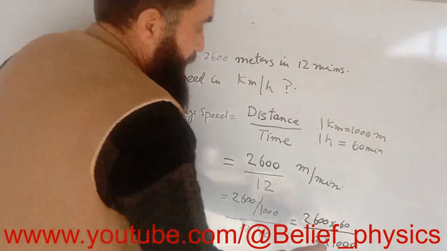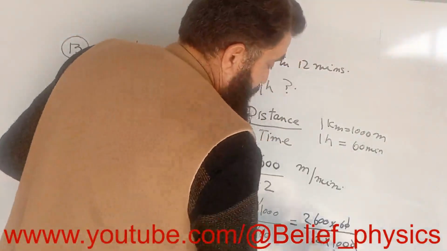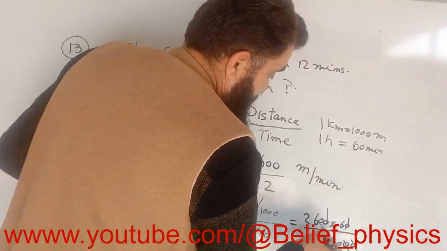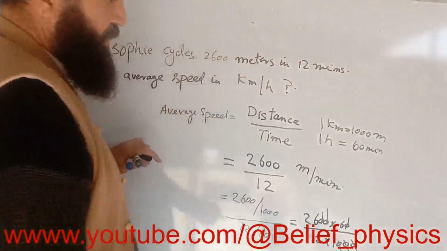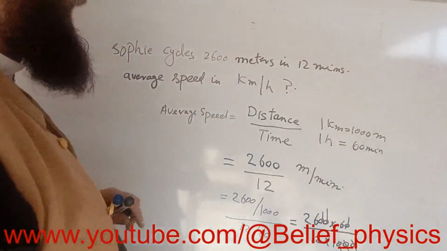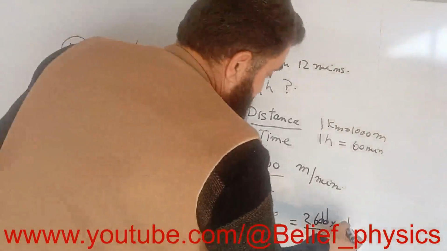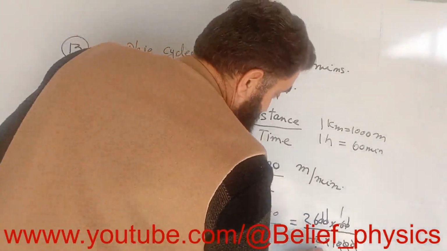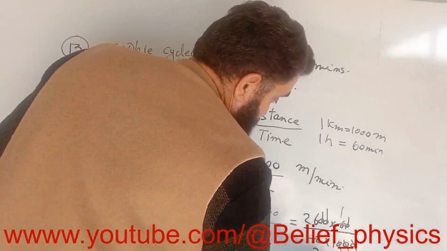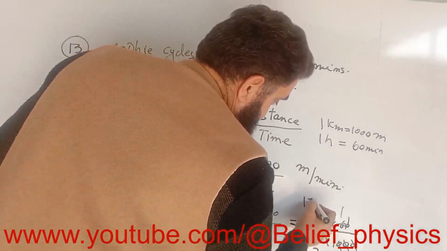Look at it. This 0 is gone with this 0, this 0, this 0, this 0 and this 0. Now we have 26 over 12. Also 6 ones are 6 and 6 twos are 12. 2 ones are 2, 13s are 26.